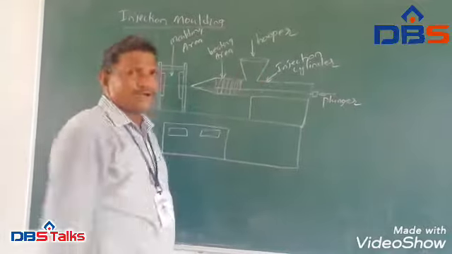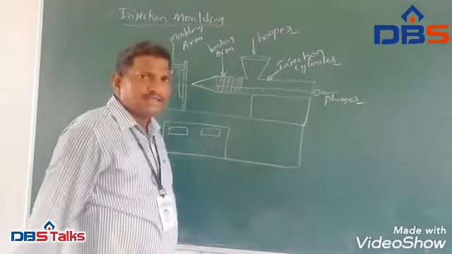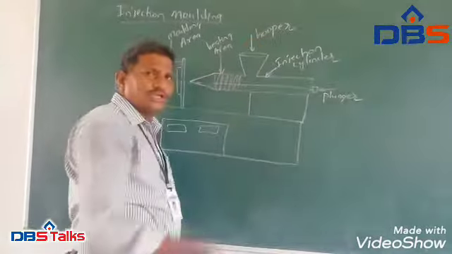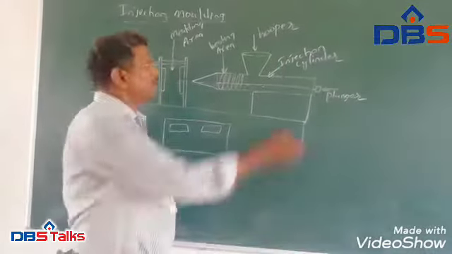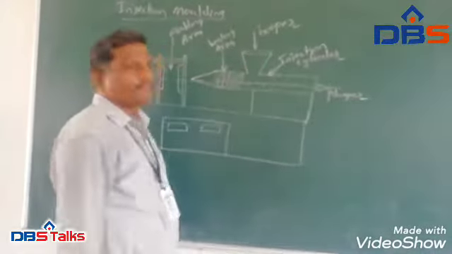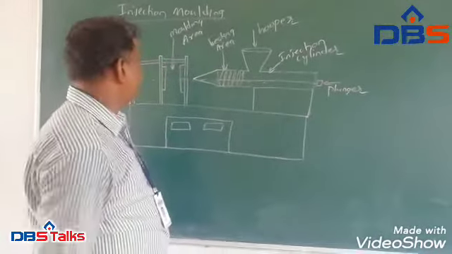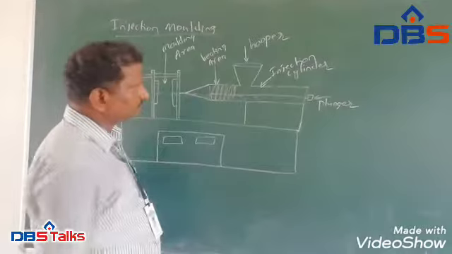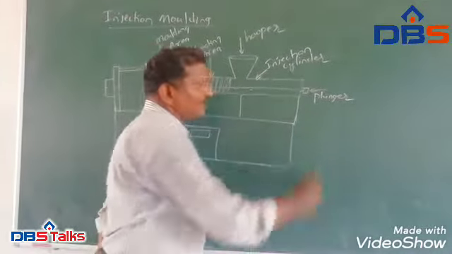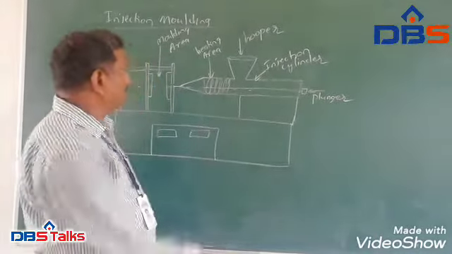See, from the hopper we will pour the granulated plastic into the injecting cylinder. And here we are seeing the plunger.